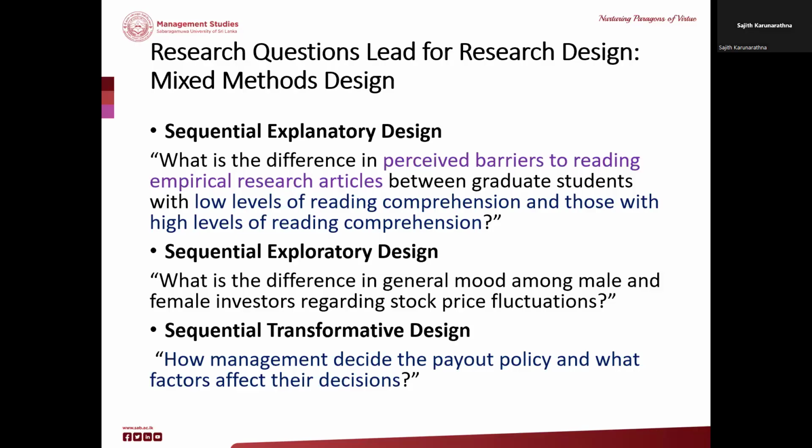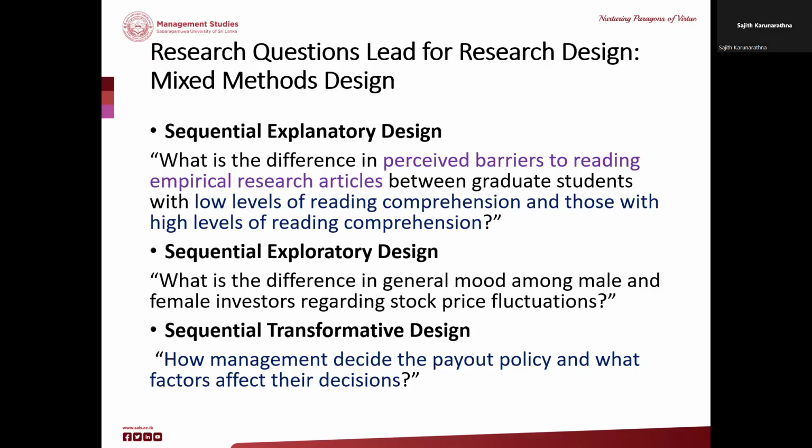Here I have taken 2 questions in a single research question. How management decide the payout policy? And what factors affect their decisions? There are 2 questions. How management decide the payout policy is a qualitatively bounded research question, because the question starts with how.